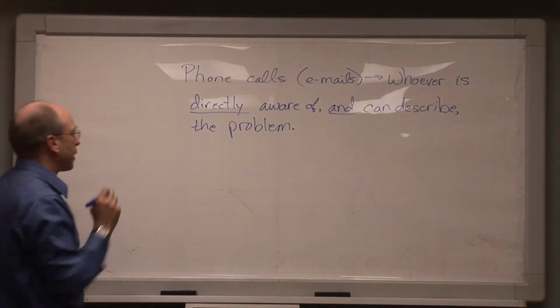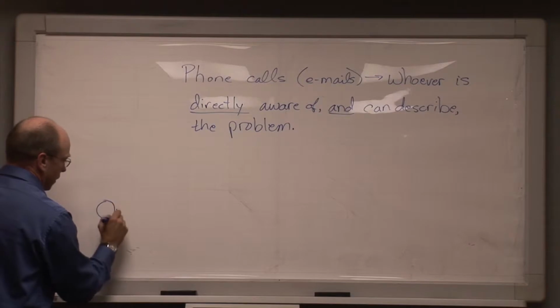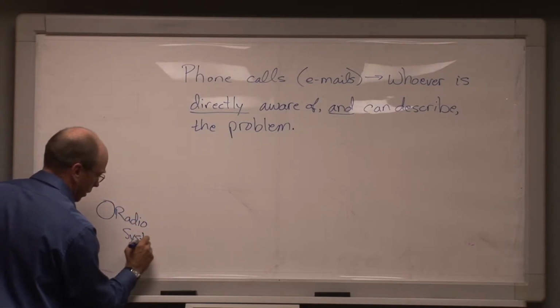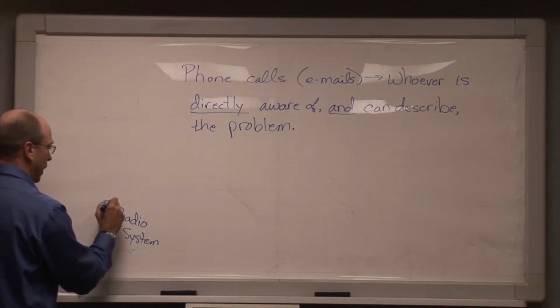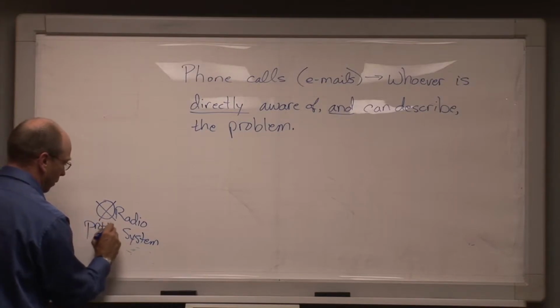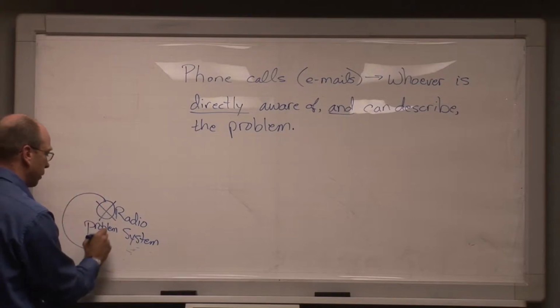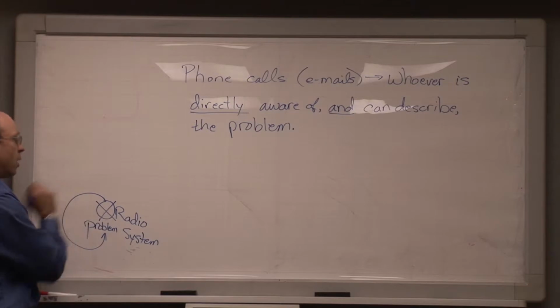This is important to do because oftentimes, here's what happens. Here's a radio system being operated, and this system develops some kind of problem. Some kind of problem arises. And you would think that there would be an internal problem-solving process to try to determine within the radio system what might be wrong.